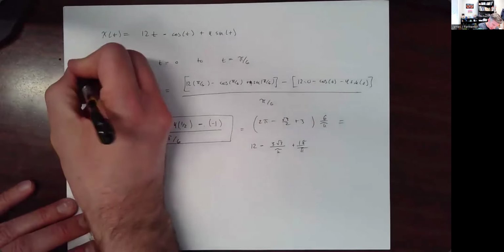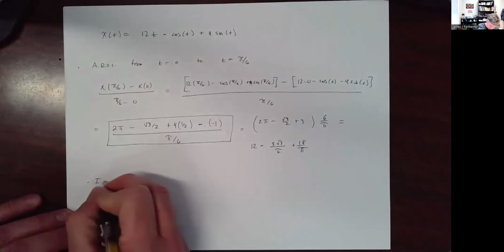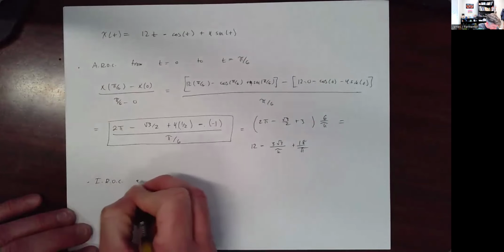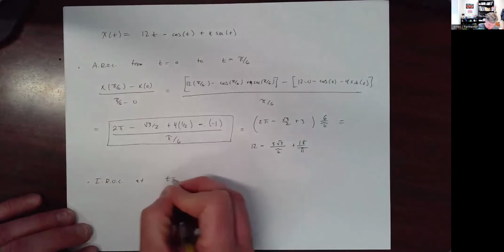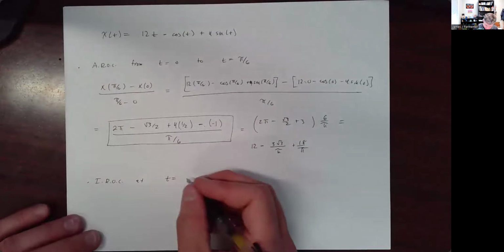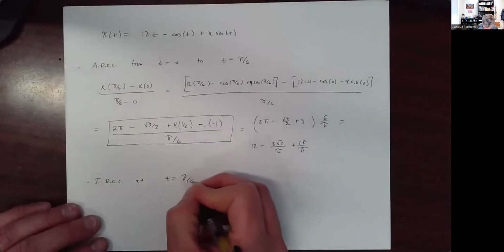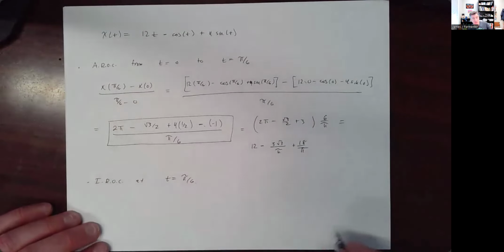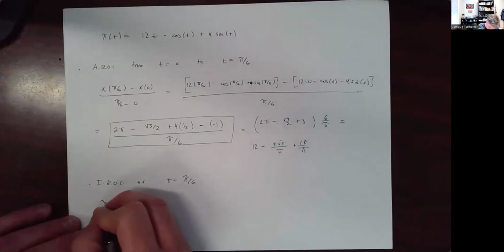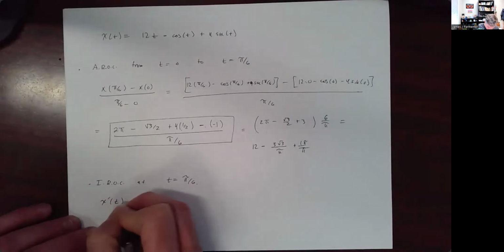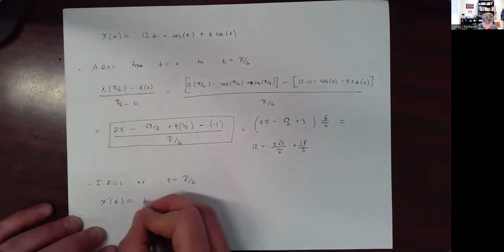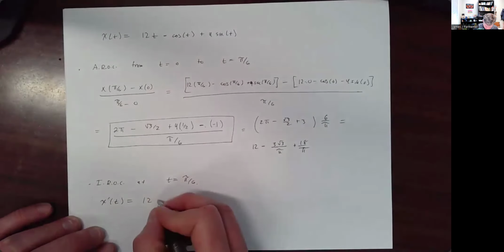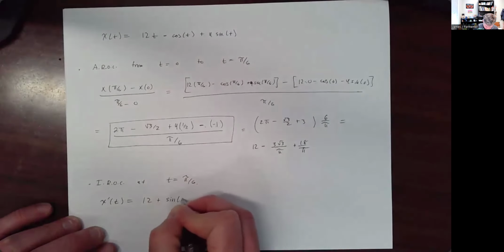Okay. How about the instantaneous rate of change at t equal to, I'm going to pick pi over 6 again, personally. So for the instantaneous rate of change, we're taking the derivative. So that's going to be x prime of t, and we're going to plug in pi over 6. So that's going to be 12. Derivative of cosine is negative sine, so derivative of negative cosine is positive sine.